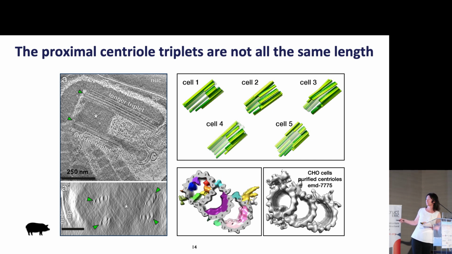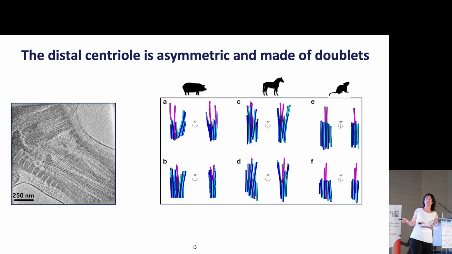We also found that these have microtubule inner proteins, unlike other centrioles. And then this distal centriole, as I mentioned already, is made of doublets, but also it doesn't really form a barrel, because the microtubules are really opening up. And that is a feature that we saw is conserved between the different species that we looked at.